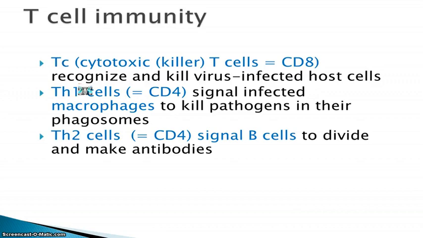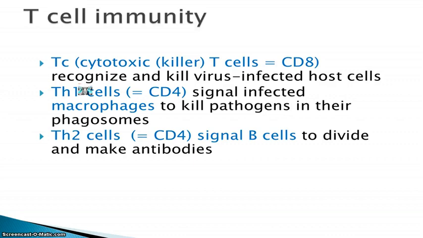So another reminder, we have TC cells, otherwise known as cytotoxic T cells, otherwise known as killer T cells, otherwise known as CD8 T cells because they have the CD8 receptor. The job of these cells is to peruse around, checking the healthfulness, making sure all of those nucleated cells are displaying healthy selfness.